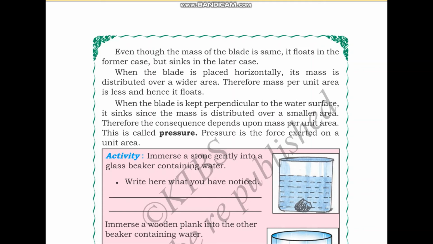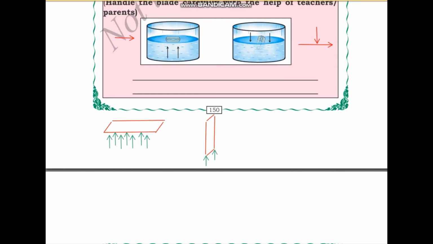When the blade is placed horizontally, its mass is distributed over a wide area. Therefore, mass per unit area is less. So the water pressure from below is enough to push it up.